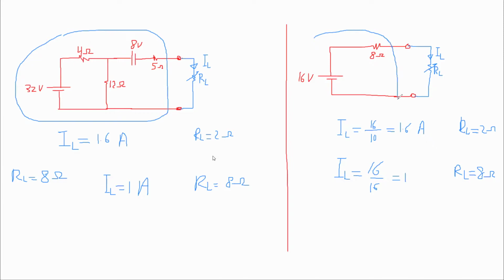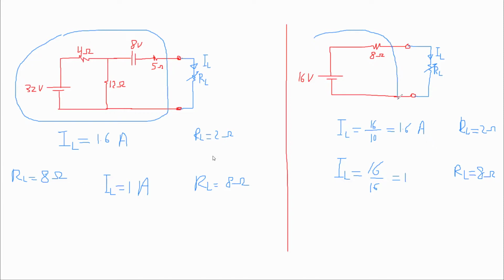So the topic of this lesson is finding a circuit that is equivalent to a complicated circuit. Easy equivalent circuit means easy to analyze.